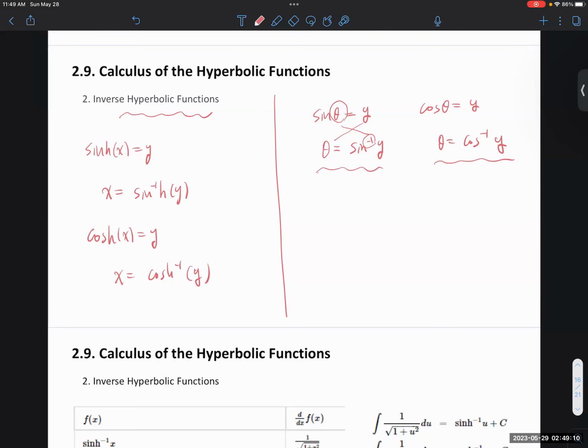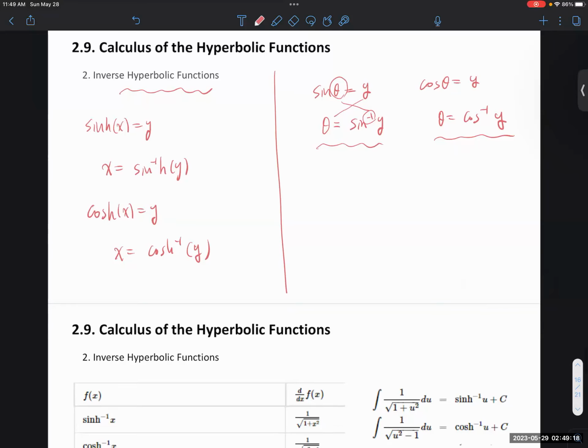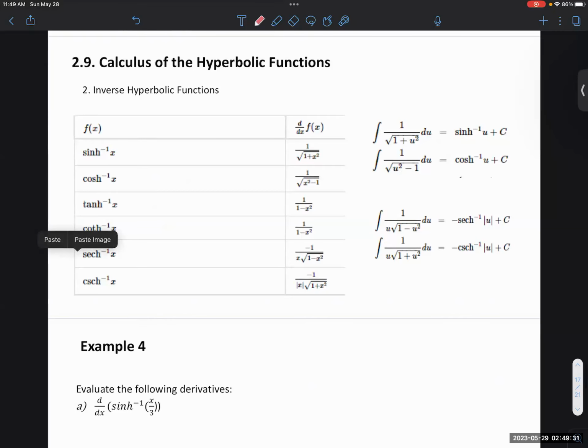So there are inverse hyperbolic functions, by looking at the regular hyperbolic functions. Therefore, I want to know how to take the integral and differentiation of the hyperbolic and inverse hyperbolic functions. So here is the table. You don't need to memorize them.